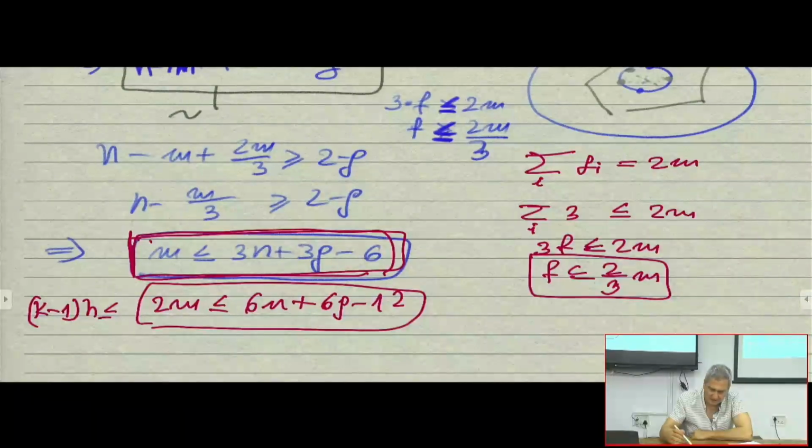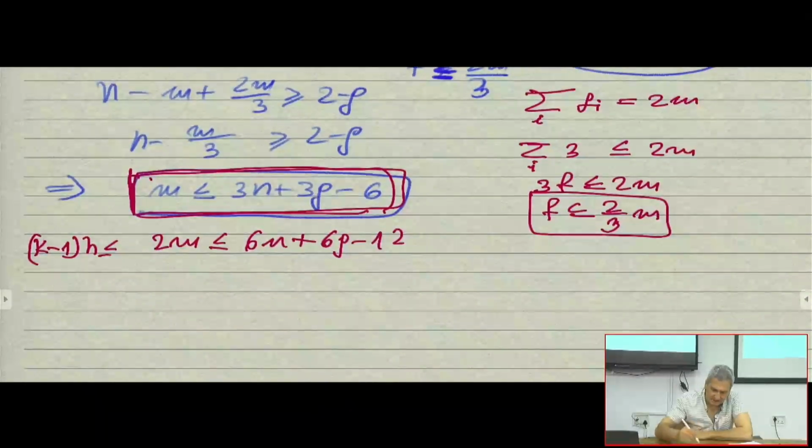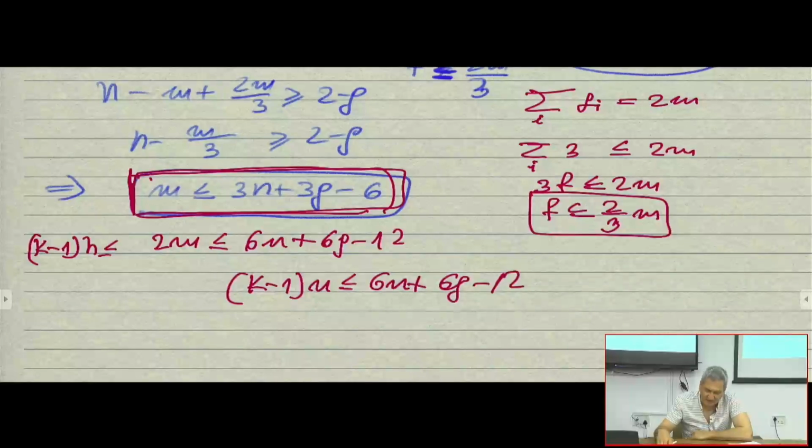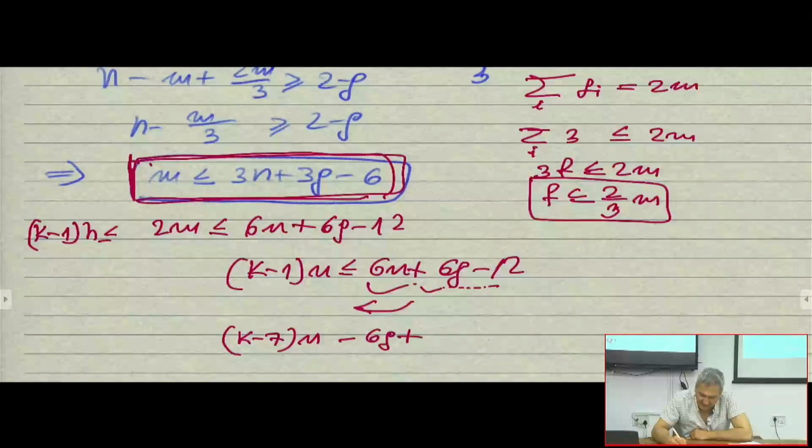And if I move this to the left side of the inequality, we can have (k minus 7)N minus 6g plus 12.